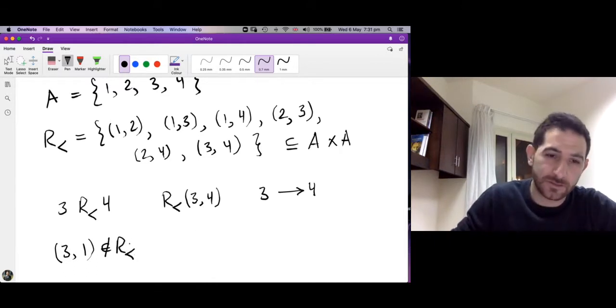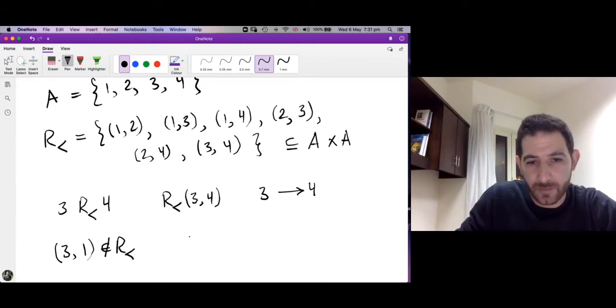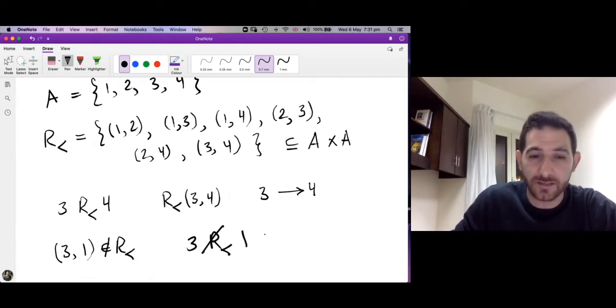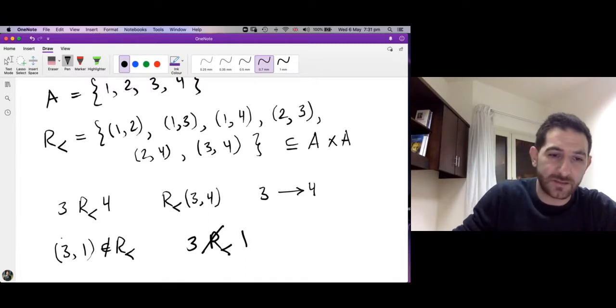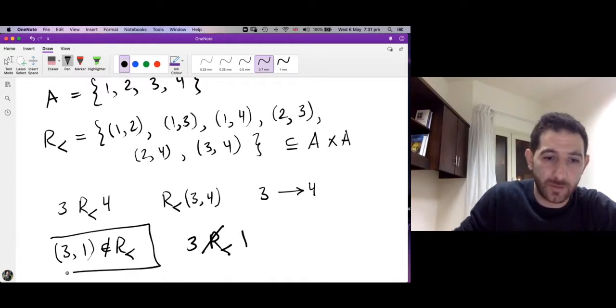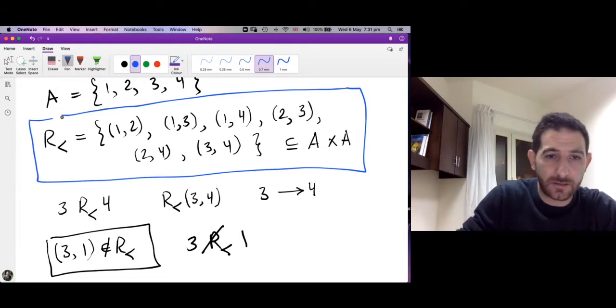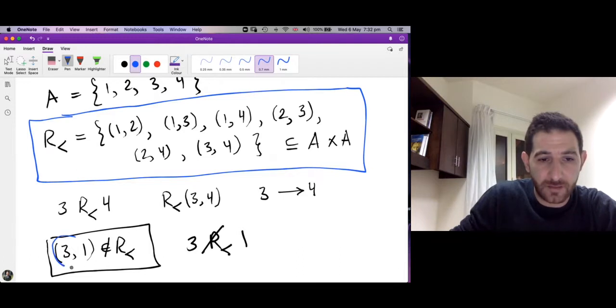Okay, so we can say this, that 3 is not related to 1, which means that the pair 3, 1 is not an element in R. Okay, so this is R. You are given R, and you can see that none of the pairs inside R less than is the pair 3, 1.